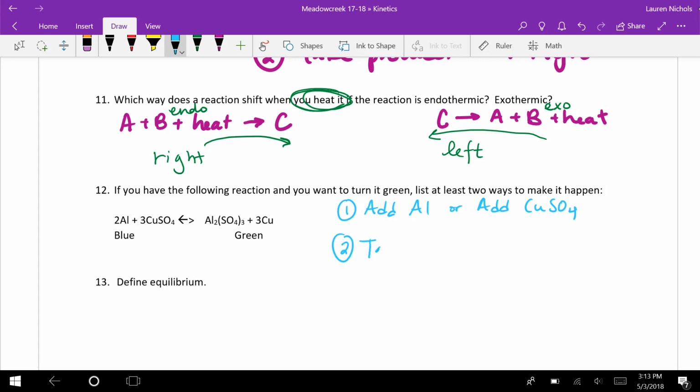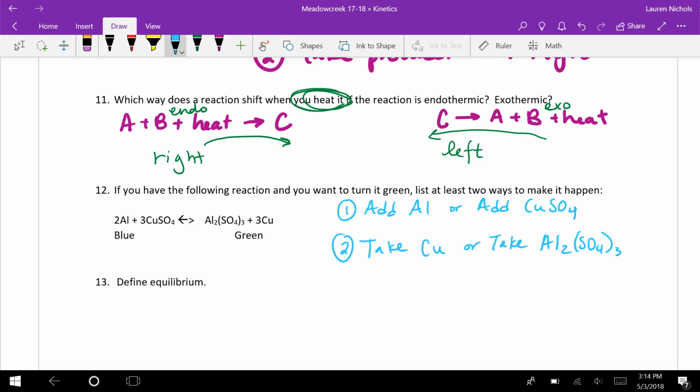Or we could take the copper out, which would shift it towards that side, or we could take out aluminum sulfate. So if you take the products or add more reactants, that would continue to make the reaction green.